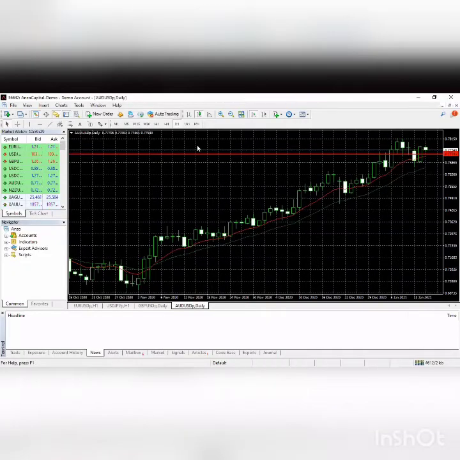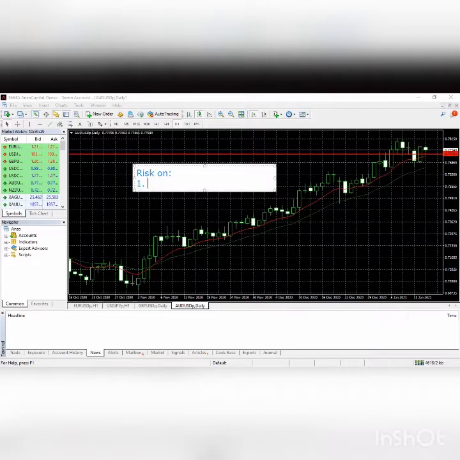Usually kapag risk on, trade idea niyan is to buy CAD kasi it is directly pegged sa oil.